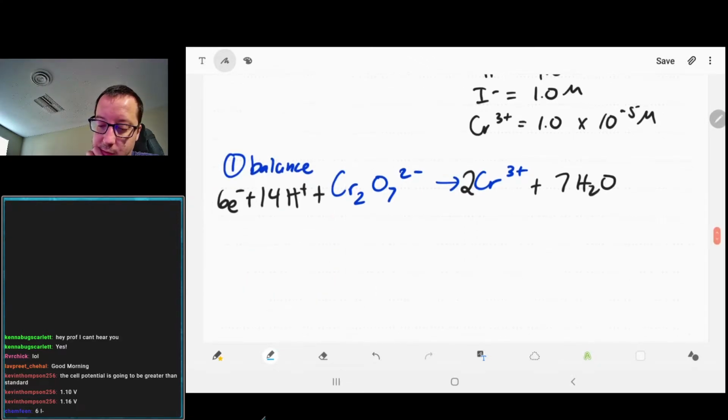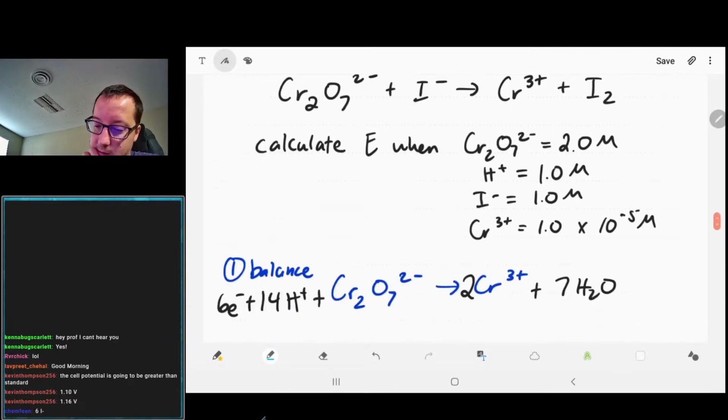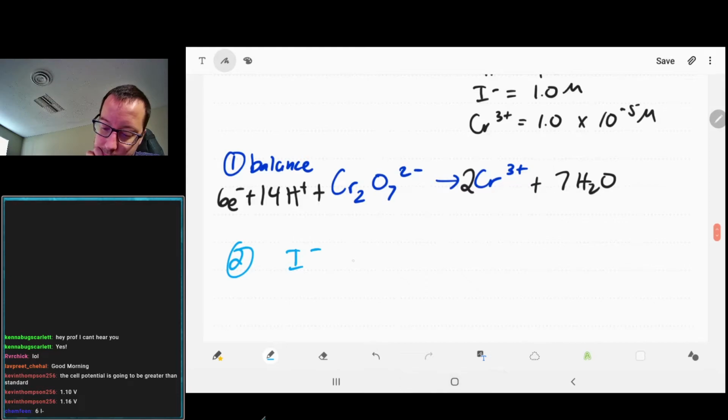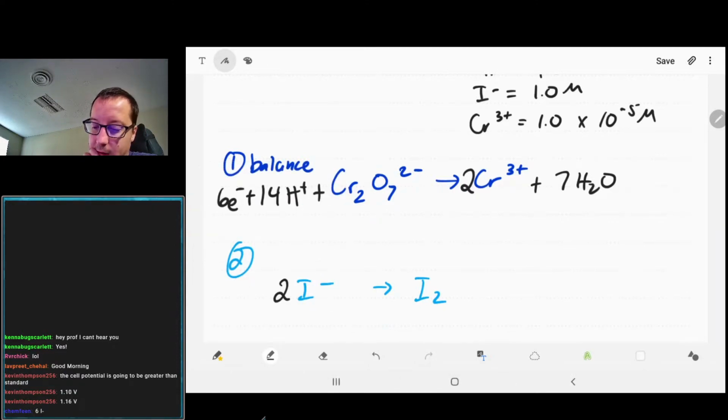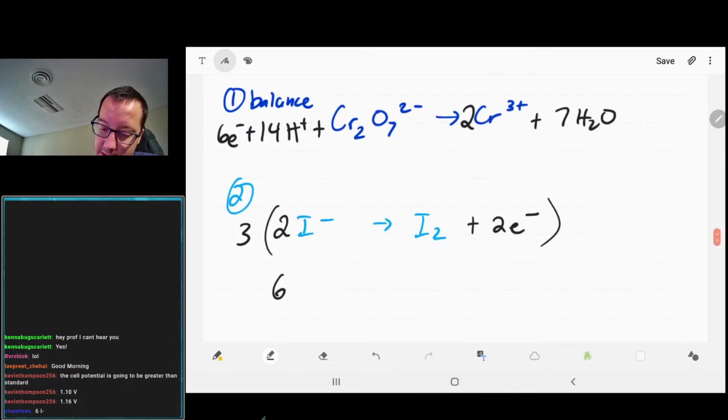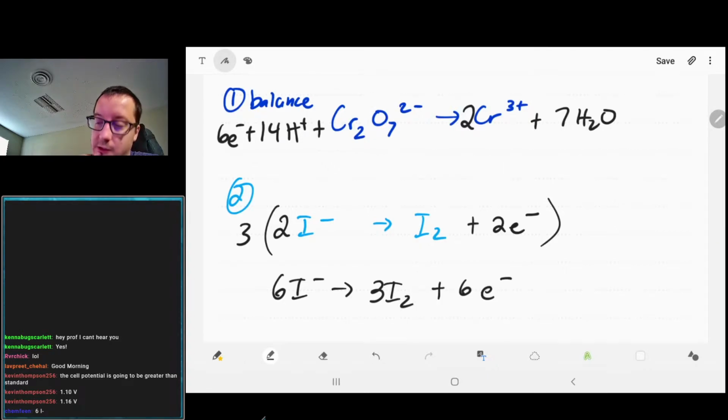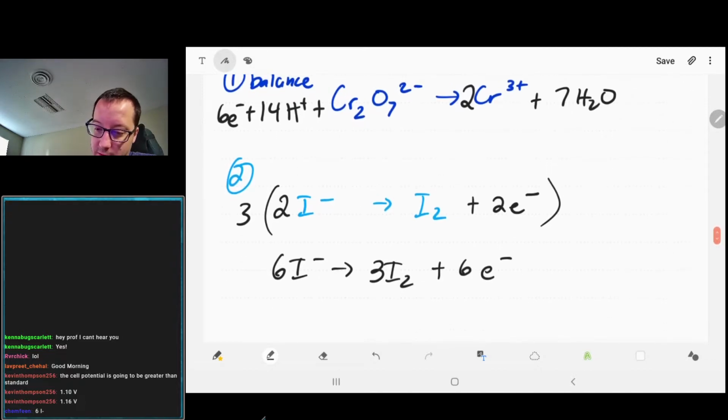All right, so that's that first half reaction. Let's see what we've got here for the second one. We've got 6I minus, you say? Makes sense. Actually, let me give myself a little bit more room. All right, so indeed, first we're going to have 2 iodides, and we're going to need to put out 2 electrons. But indeed, we are going to need to multiply this later on. So we're going to want to multiply this by 3 to get 6 iodides. Turns into 3 iodines plus 6 electrons. Now we can go ahead and clump all this together.